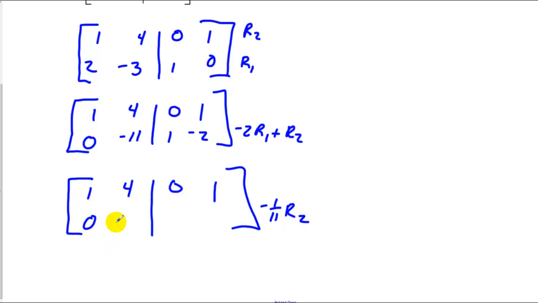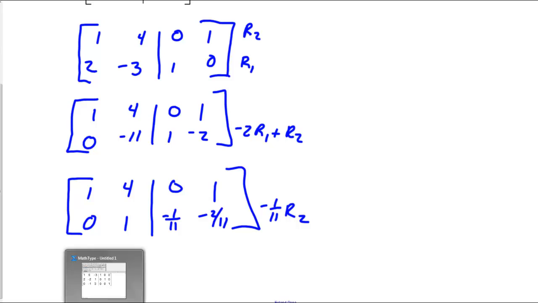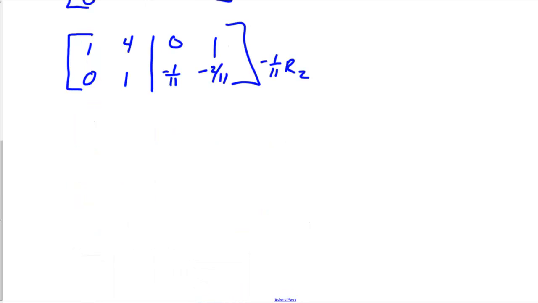So this is 0, positive 1, negative 1 over 11, and negative 2 over 11. Finally, I need to make this element right here a 0. I can do that in one more step.